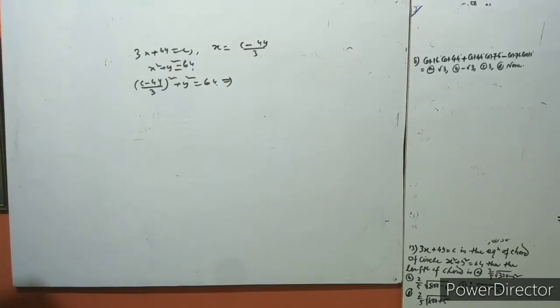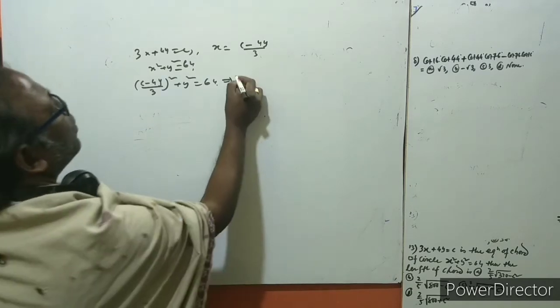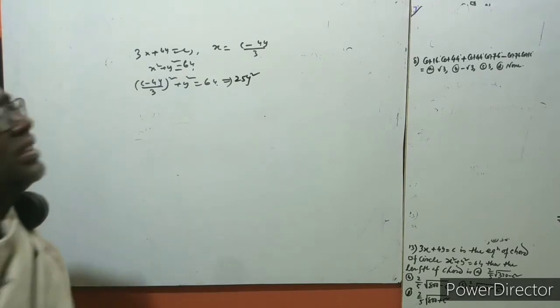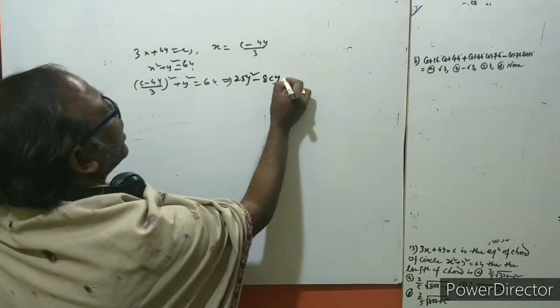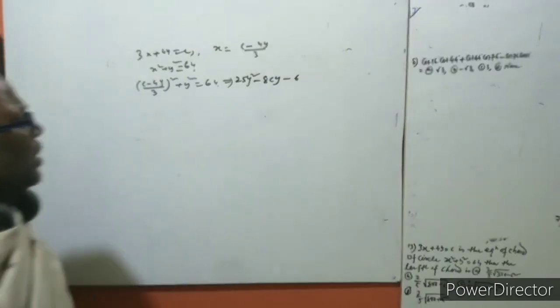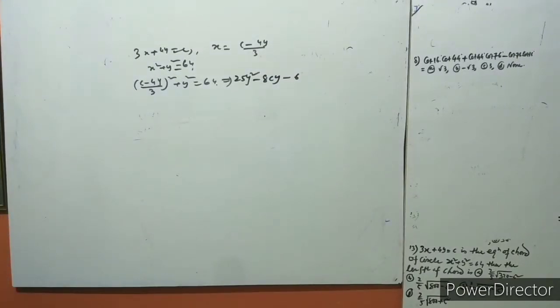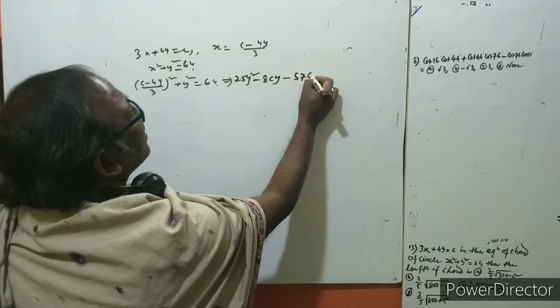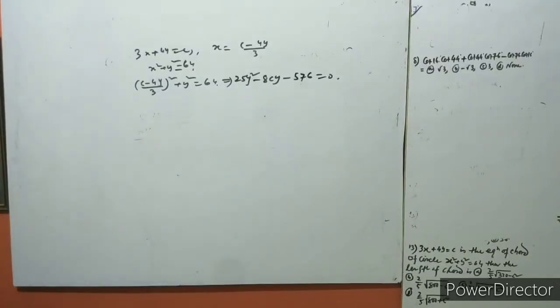From this equation we can simplify easily and get 25y square minus 8cy, and multiplying 9 with 64, we get 576, plus c square, equal to 0. See the calculation here: 25y square minus 8cy plus c square minus 576 equals 0.